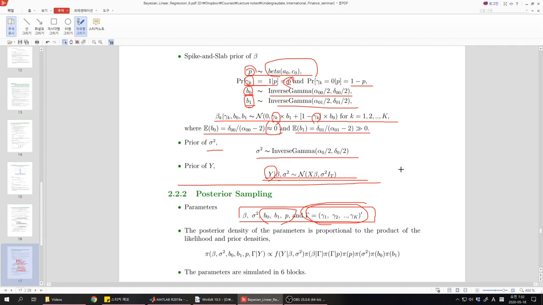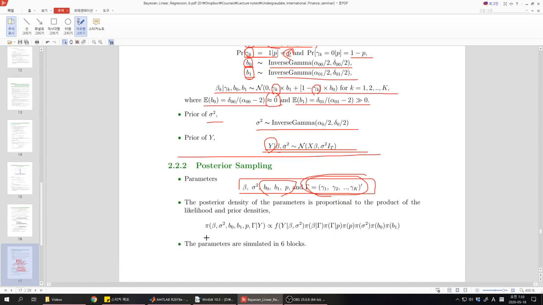This is our prior belief, and then the prior about the parameters will be updated by the information in the data. Okay, so then our goal is to generate this posterior distribution. To generate this posterior distribution, we compute the posterior density.